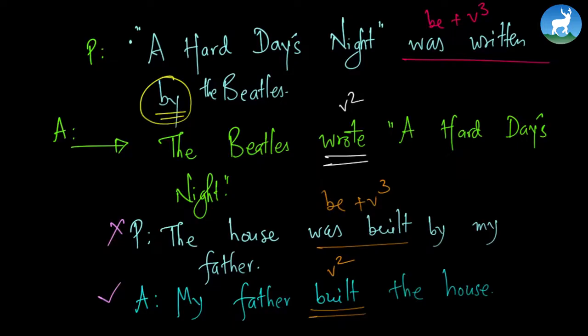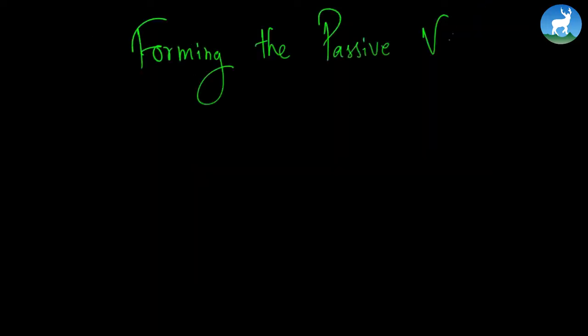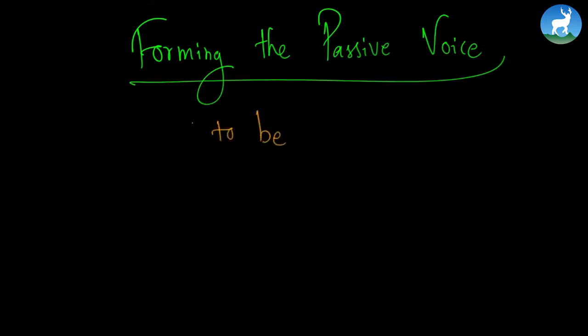Alright, now let me teach you how to form the passive voice. The topic is forming the passive voice. The passive voice in English is composed of two elements. And what are those elements? First, a to be verb, followed by what we call a past participle, or what Indians call a V3.